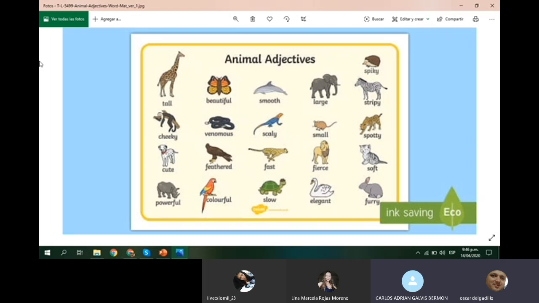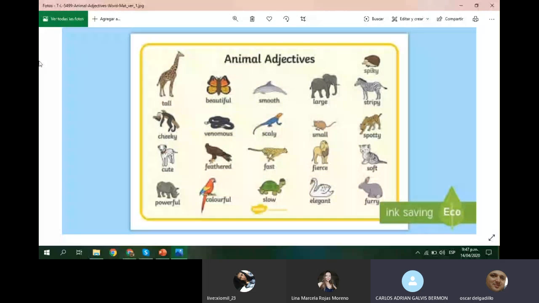Okay, with that example you can use a superlative. Yes, the snake is the most venomous animal in the jungle, or something like that. The snake is the most venomous in the jungle. Yes. Okay.